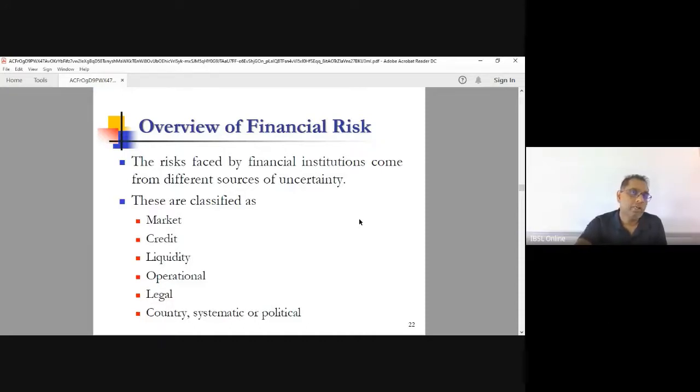So now that is not a legal risk, because that is the way banking is done, and the laws of the country allow you to do that.